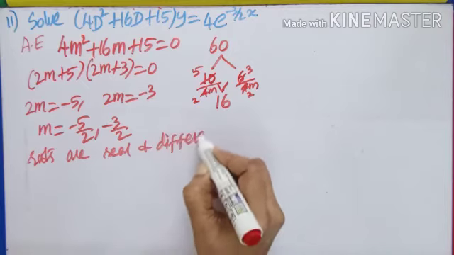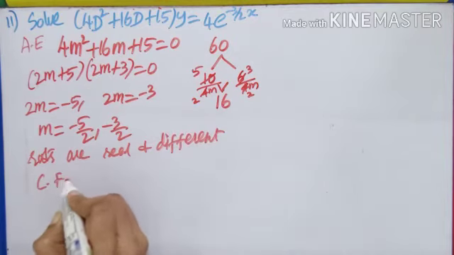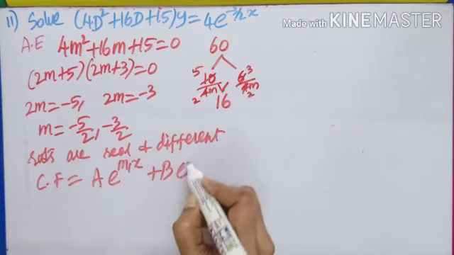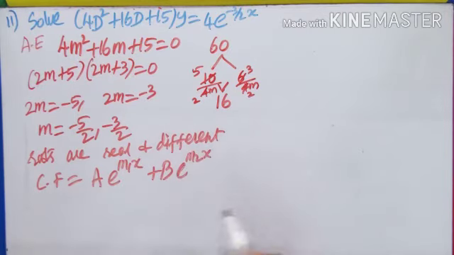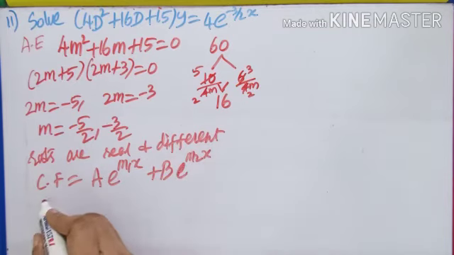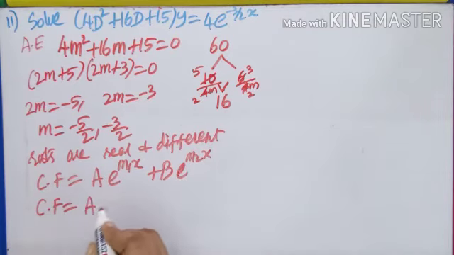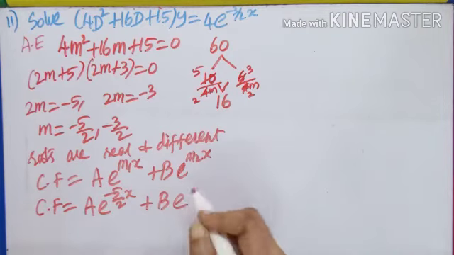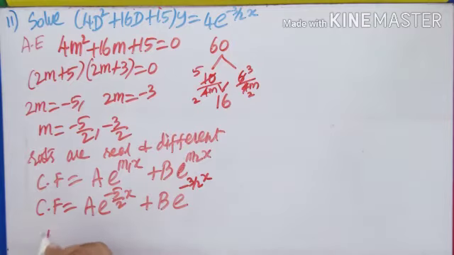So what is the complementary function? It is a e power m1x plus b e power m2x. Substituting, CF is equal to a e power minus 5 by 2 x plus b e power minus 3 by 2 x. Particular integral, the RHS.